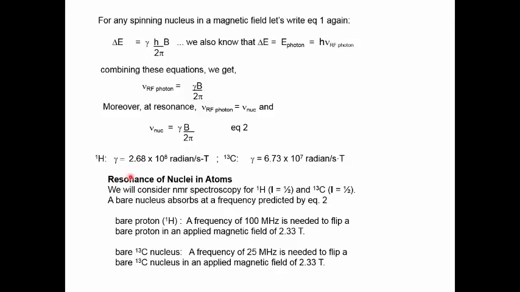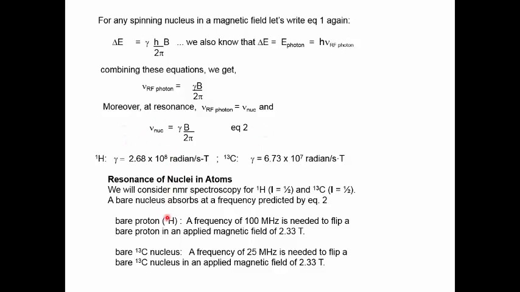Now, let's consider two types of bare nuclei, an H1 nucleus and a C13 nucleus. The bare nucleus is going to absorb at a frequency that's predicted by equation 2.